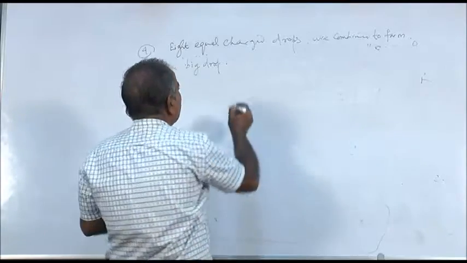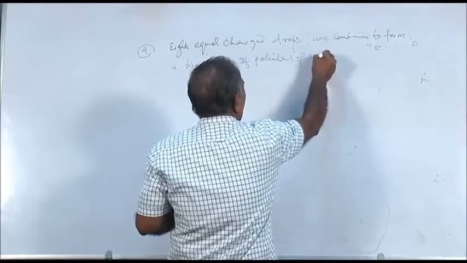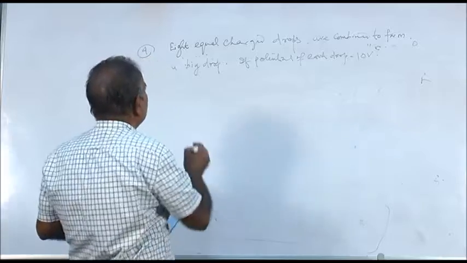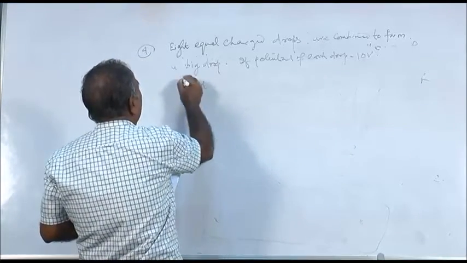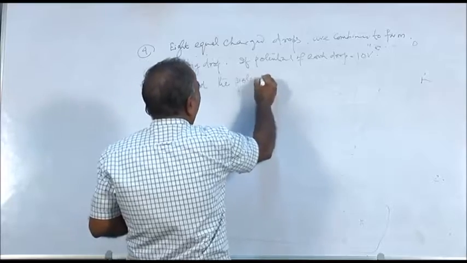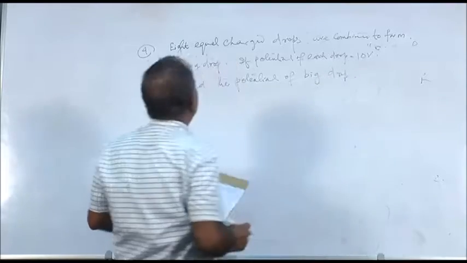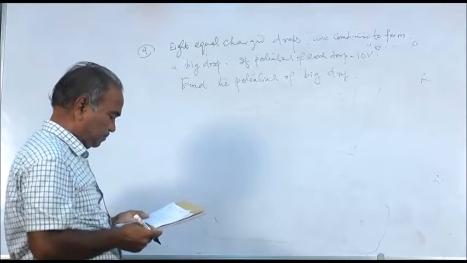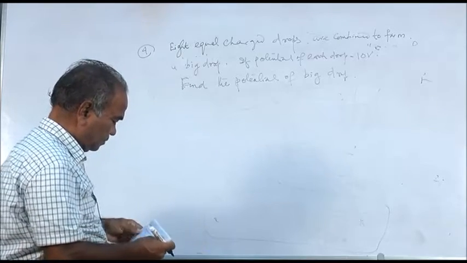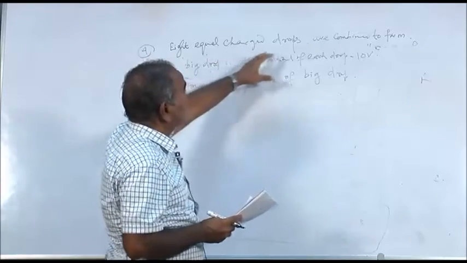If the potential of each drop is equal to 10 volts, find the potential of the big drop. Eight equal charge drops are combined to form a big drop.